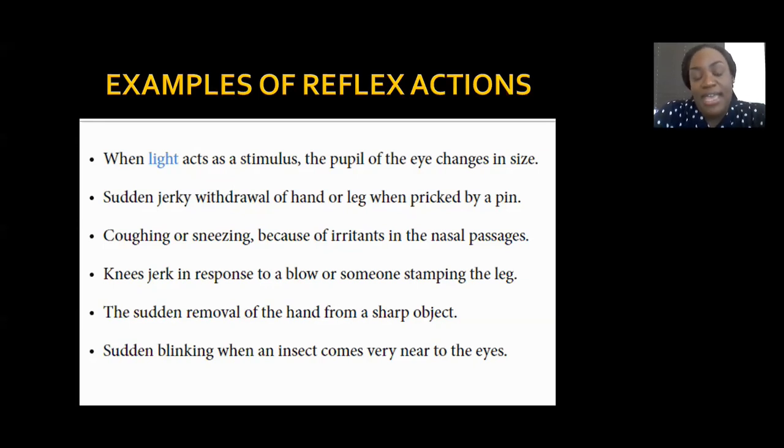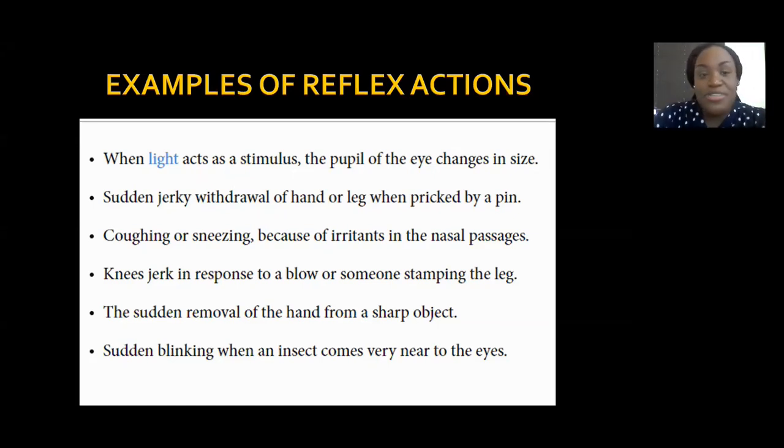And even blinking, like I'm doing now. If too much breeze is getting to your face, you will just blink automatically, or if an insect goes in it, you will blink, of course. So these are all examples of things that happen in our daily lives that would be classified as automatic responses.